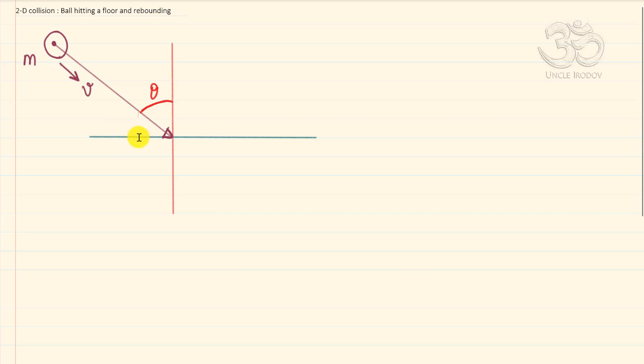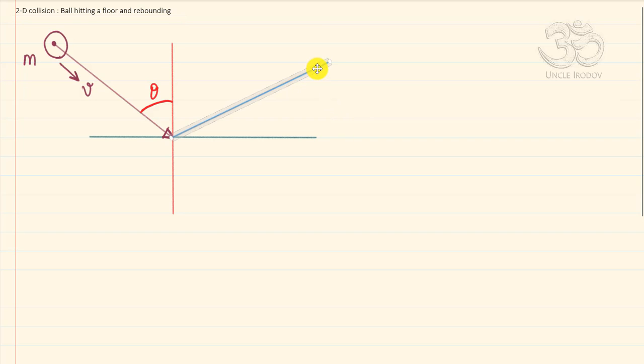And after the ball hits the floor here, it will rebound, and we have been given probably the coefficient of restitution between the floor and the ball for the collision, and we have to figure out what is the speed of the ball after it rebounds and what is the angle that it makes with the normal after it rebounds. So let me probably take this blue line to show you how the ball can go after the collision.